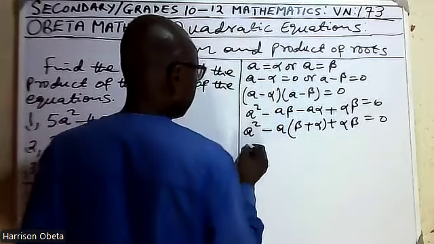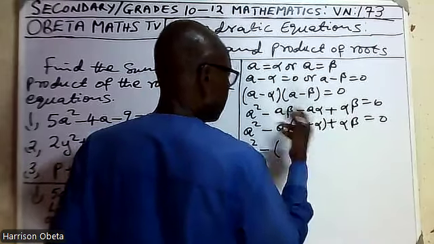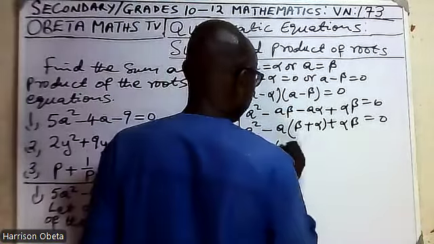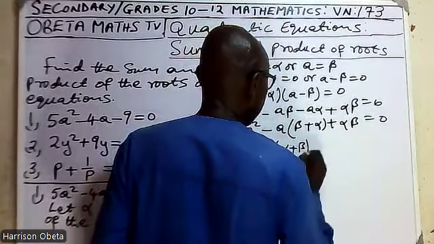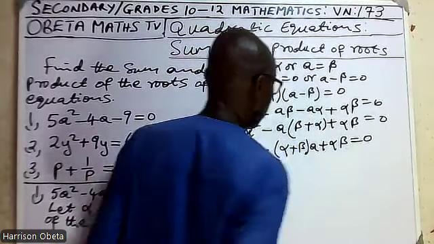And then we can rewrite it: a squared minus bracket alpha plus beta, a, plus alpha beta equal to 0.